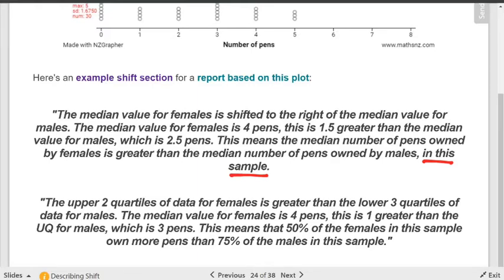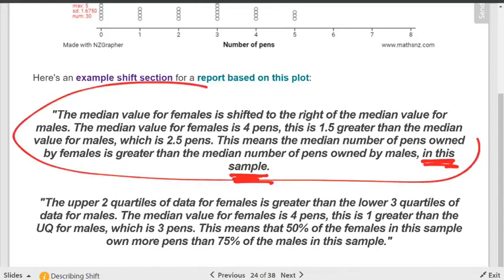Do you think it's true for every population no matter what? No. In this particular sample, it's true. So this phrase is critically important. In this sample. Make sure you refer back to the fact that you're using a sample of the population. Okay? That's the whole analysis right there.